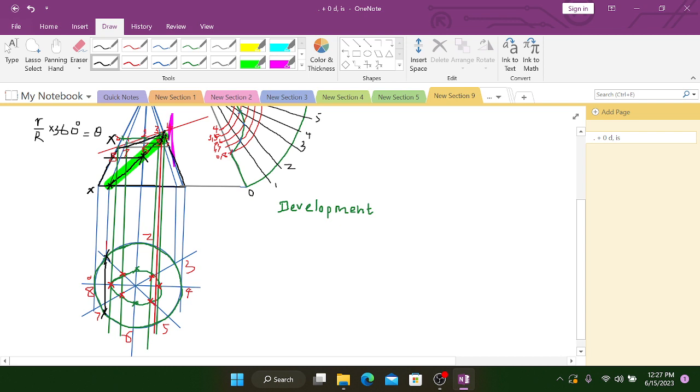I want to find this length with my compass, keep my compass at the center and cut above and below with this horizontal distance as radius. So I have 2 points here. I already have these 2 points, and now again I found 2 points.